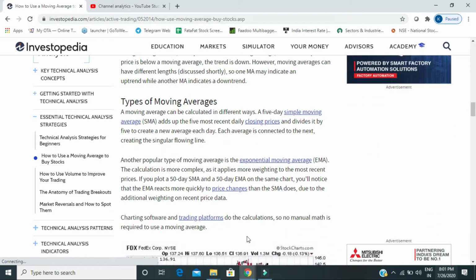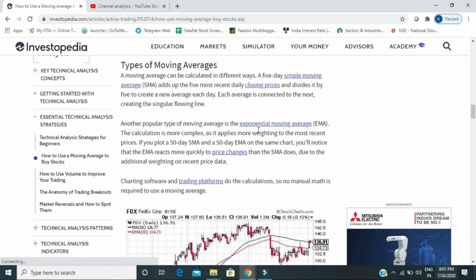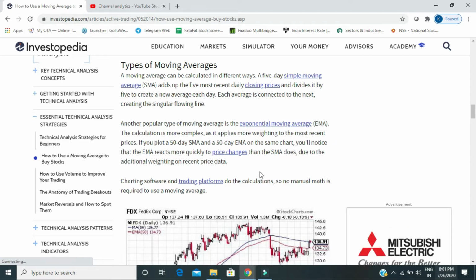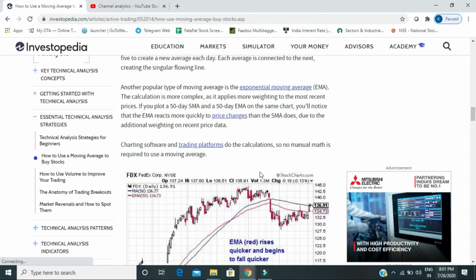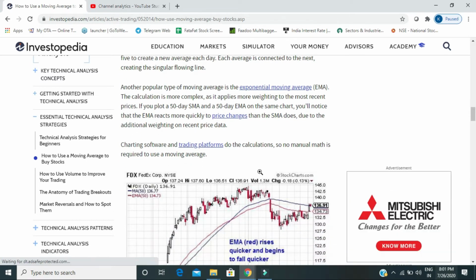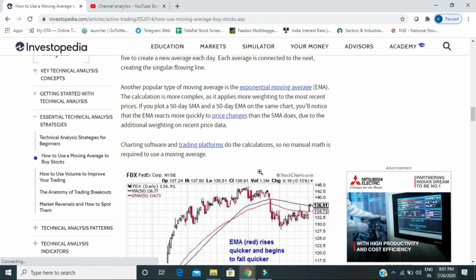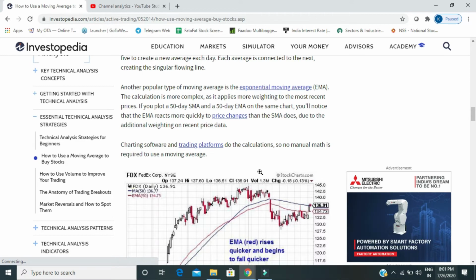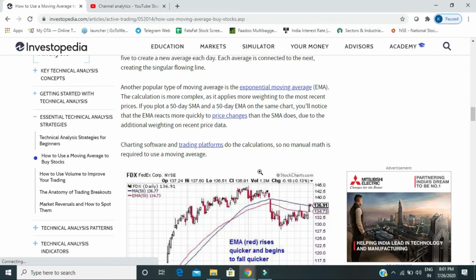So there are other moving averages similar to simple moving average. Exponential moving average is the very smoother one and it will be nearer to the stock price. So we are able to see whether it is getting reversed or it is rallying from the down market.